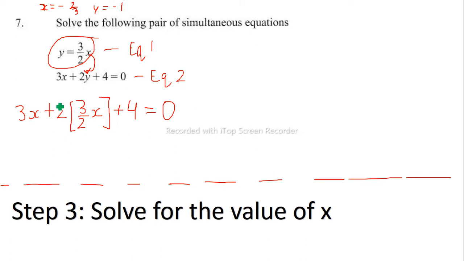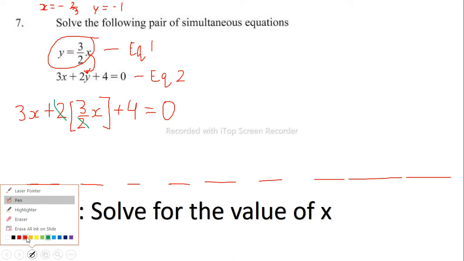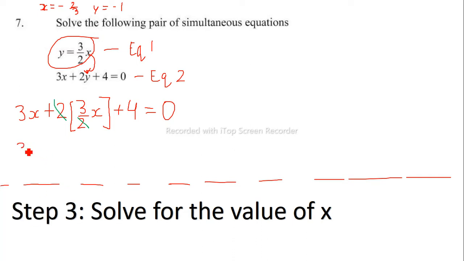Okay. So next thing we're going to do is solve for x. What we're going to do is cancel out the 2's. And so we are left with 3x, plus we still have the same 3x, plus 4 equals 0.